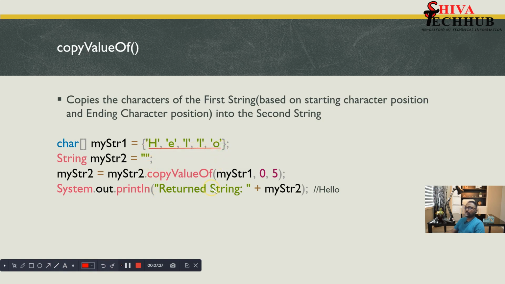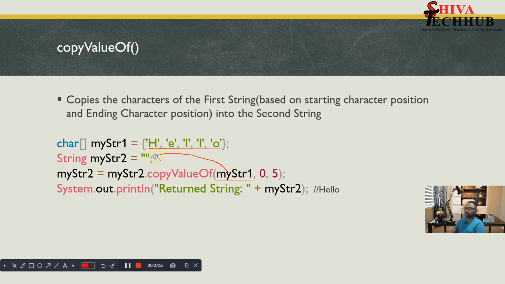Now, I am specifying the index positions 0 and 5. 0, 1, 2, 3, 4, right? So basically it will first fetch the characters from 0 to 5 index from this particular string, str1, and it copies that content of characters into string 2.